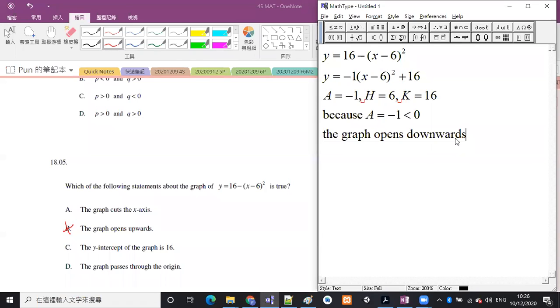Okay, and then 嗱，我哋雖然有 H value 同埋 K value，但係你望一望佢剩翻嗰三個，option A、option C、option D，都冇一樣嘢係關於個 vertex 或者 axis of symmetry 嘅事。咁所以呢個 AHK 其實冇乜用嘅，係咪？咁我哋睇下個 y-intercept 先。If we put x to be 0, then y is equal to 16 minus 0 minus 6 square.